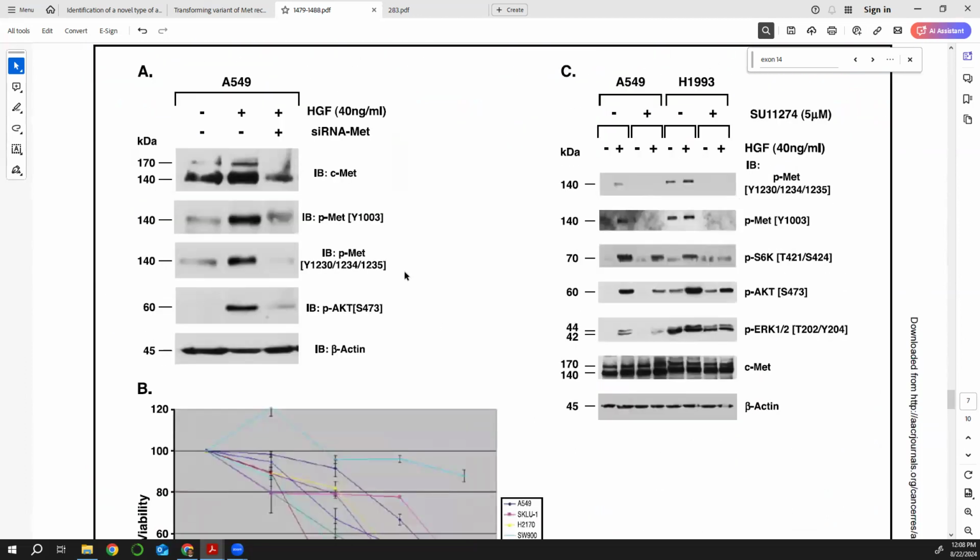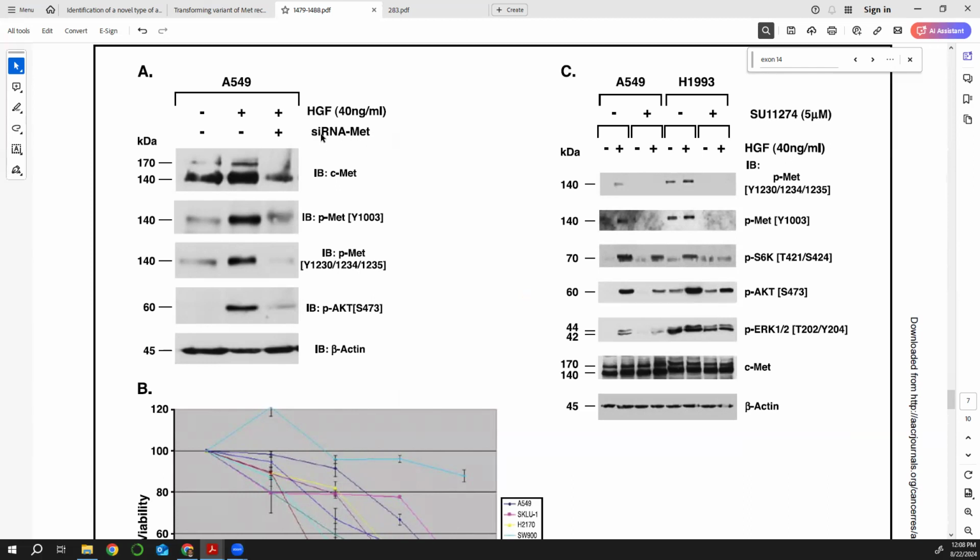So small interfering RNAs are about 10 to 20 mers that are comprised of RNA sequences that are antisense to an mRNA of interest. So siRNA MET here is complementary to MET mRNA, and when it binds to MET mRNA, it results in its degradation.